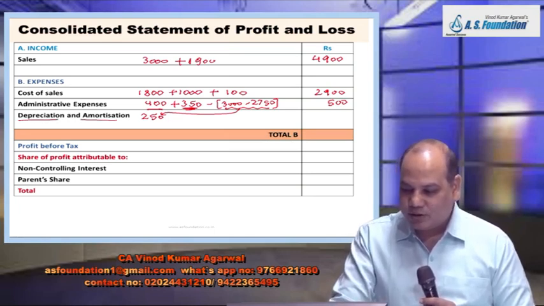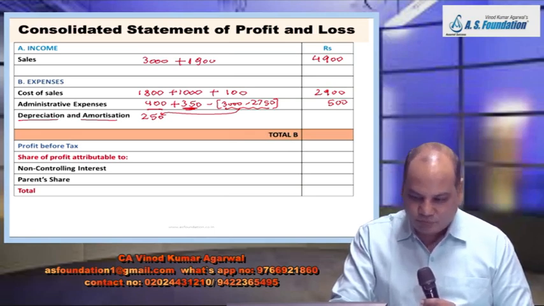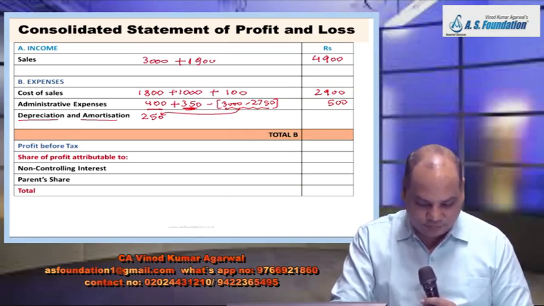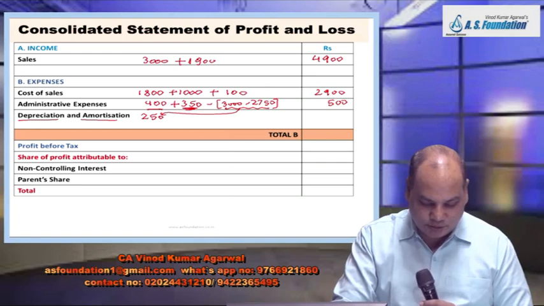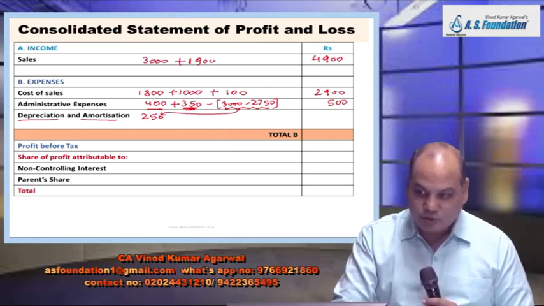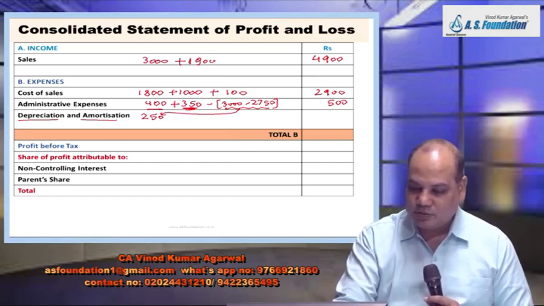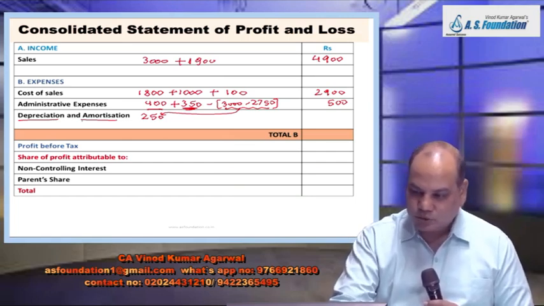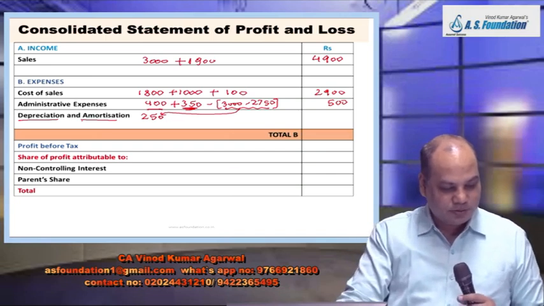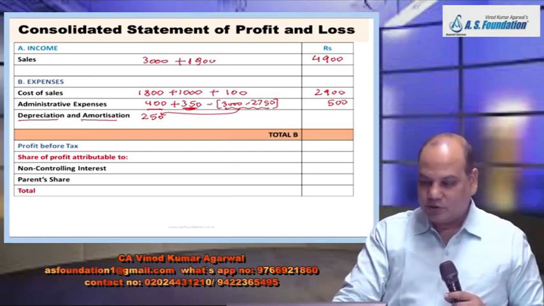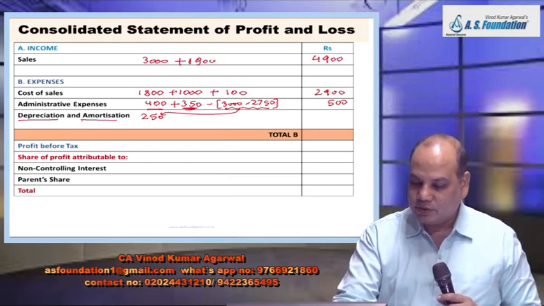We just want to show it separately because we have opened a heading. 250. An amortization of goodwill. In how many years goodwill will be amortized? 10 years. So you can assume impairment instead of amortization. So how much goodwill we had calculated, do you remember? 975.